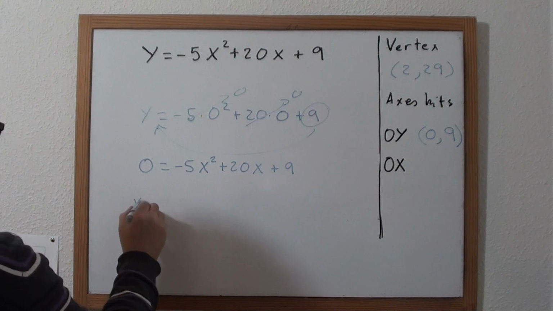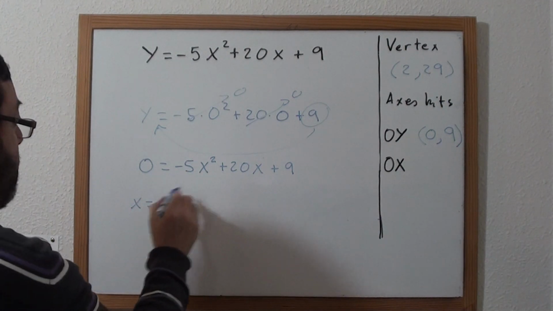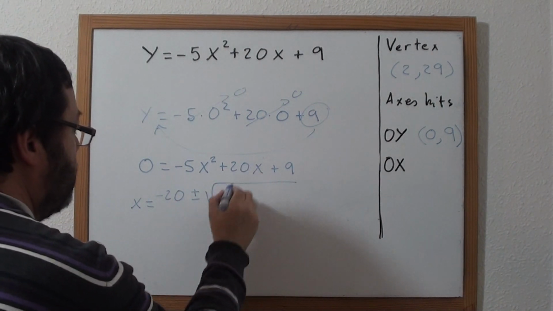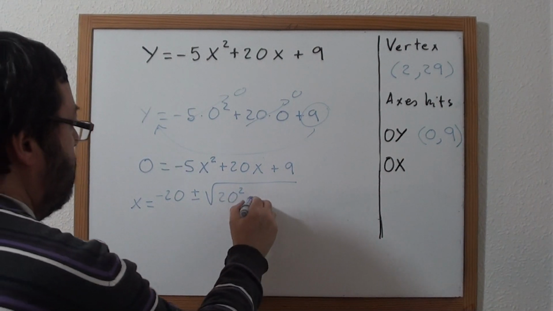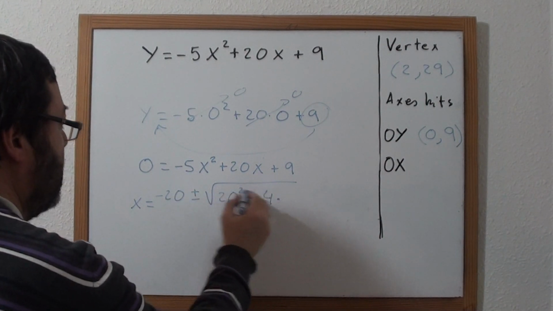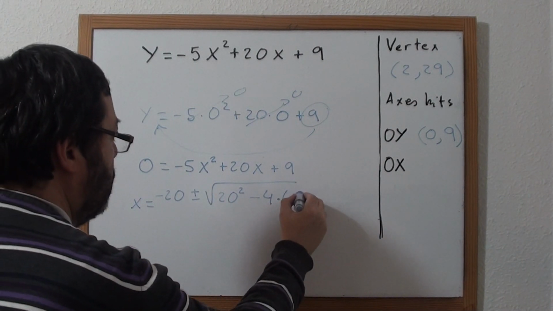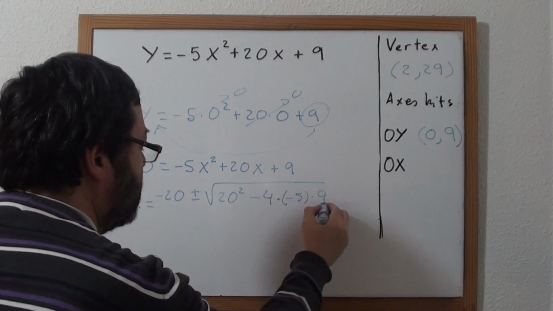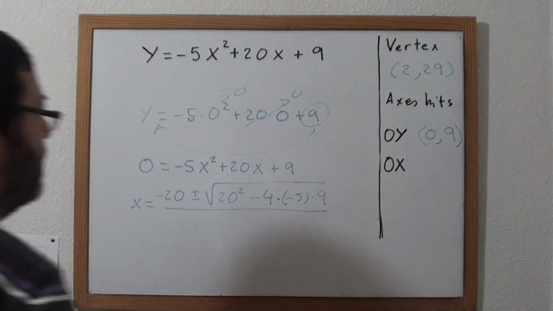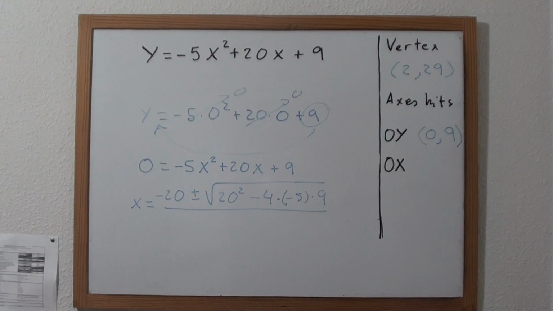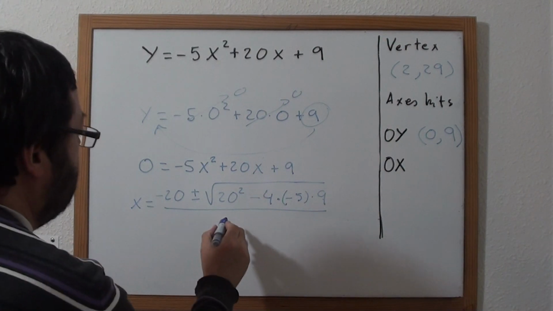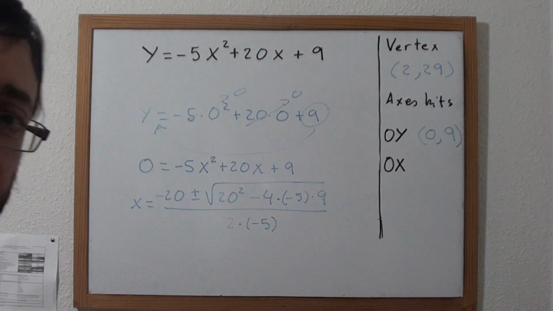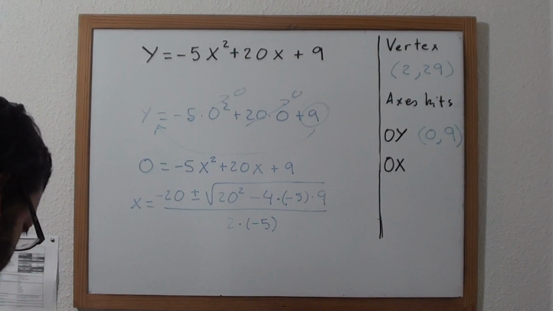To solve that, we apply the formula: minus b, minus 20, plus or minus the square root of 20 squared minus 4 times a, so minus 5, times c, in this case 9. Okay, so it will be divided by 2a, 2 times negative 5.